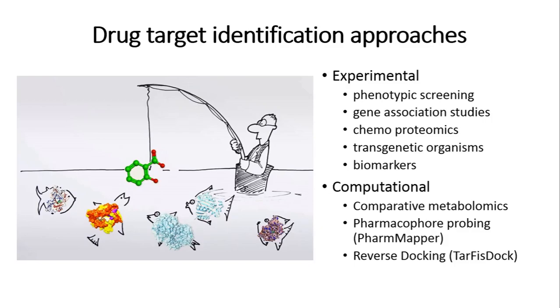What you can next do is rely on biomarkers. Biomarkers are, for example, in a certain disease condition like cancer, you would observe some elevated expression level of circulating tumor markers like HER2.